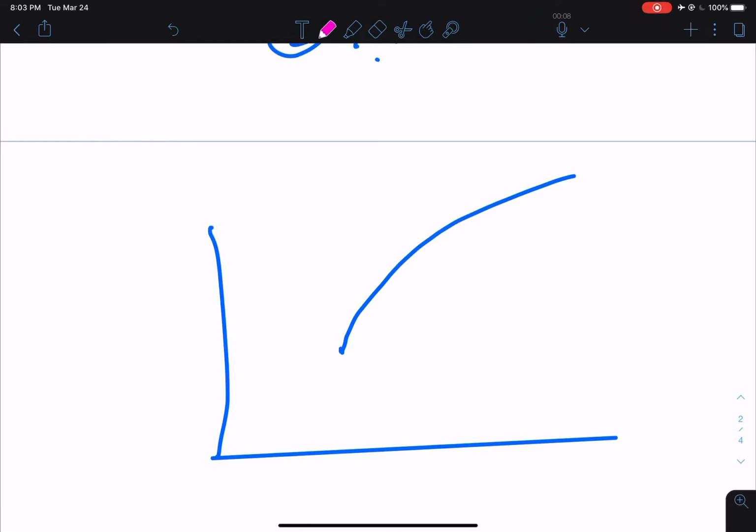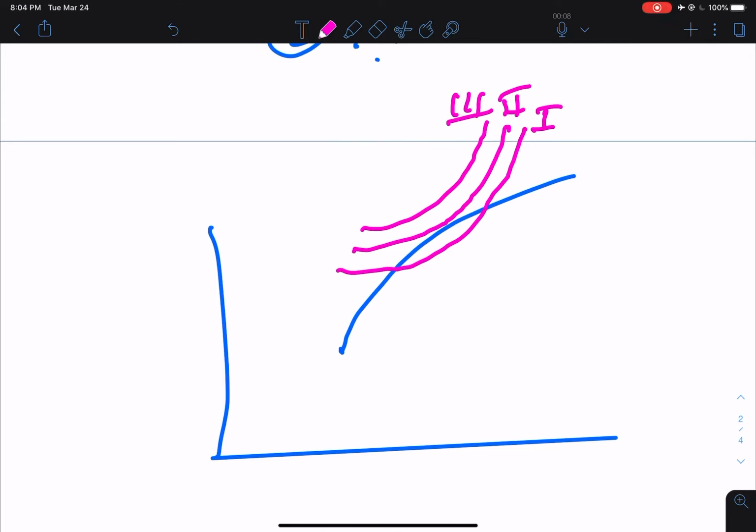Risk-averse investors have indifference curves that look like this. And there's bound to be, this is the indifference map, right? And put 3 of them. This is level 1 of satisfaction, level 2, and level 3.